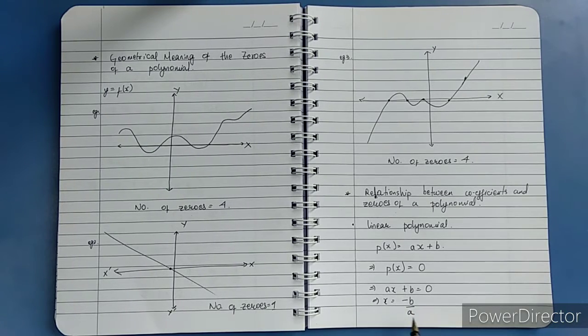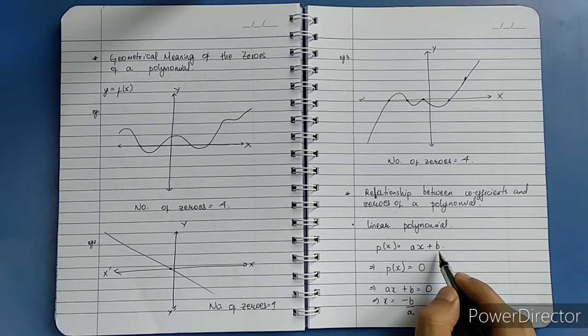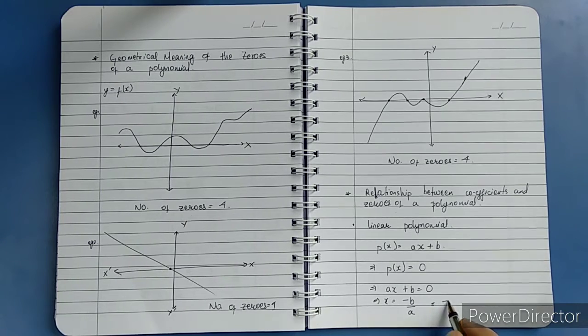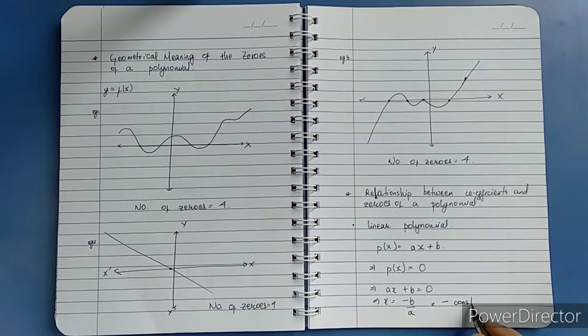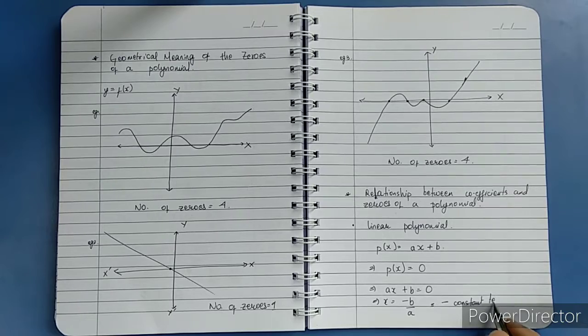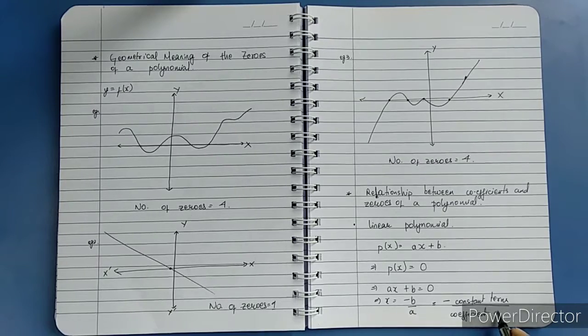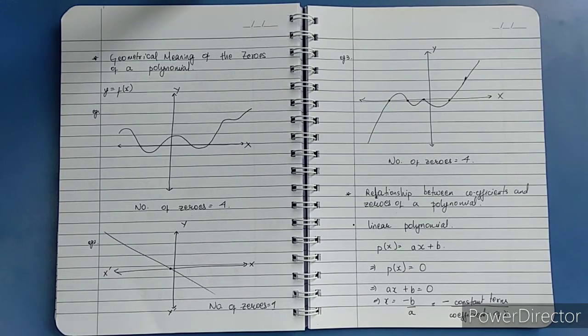So minus b by a is basically the zero of a polynomial, which is equal to negative of the constant term divided by the coefficient of x. So this is for a linear polynomial.